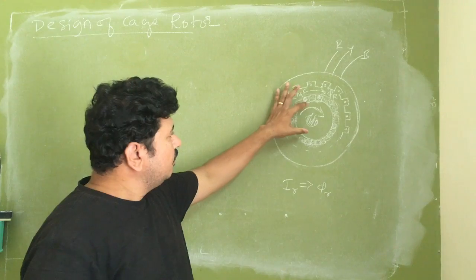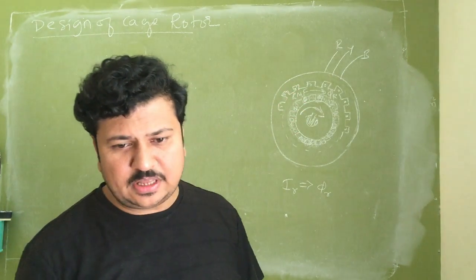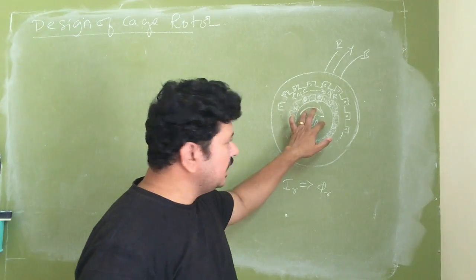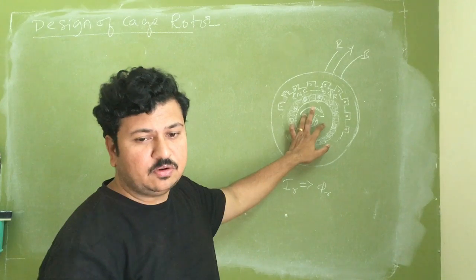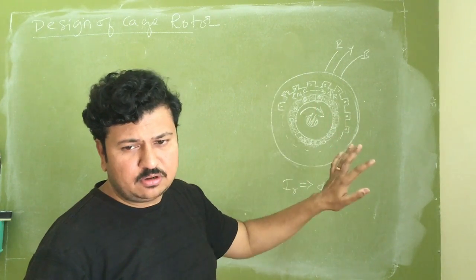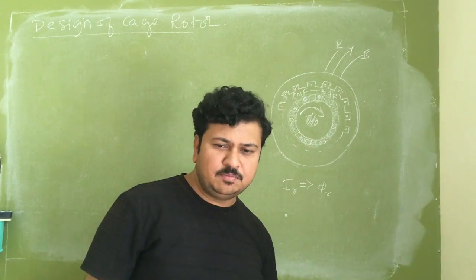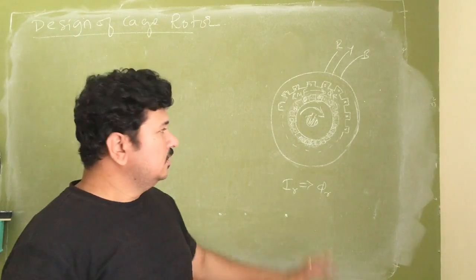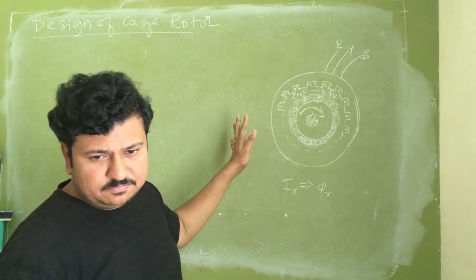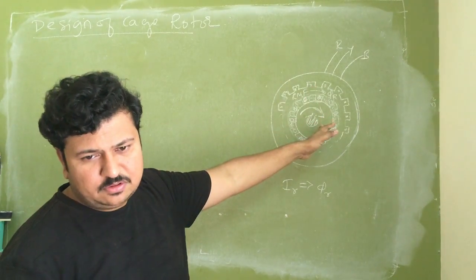Therefore, the rotor will always try to catch the synchronous speed, so that the moment synchronous speed is attained by the rotor, the relative speed can be made 0. Ns minus Ns equals 0, and it will achieve the complete opposition of its cause. But if that is achieved, the rotor will never rotate again, because the torque produced will become 0.